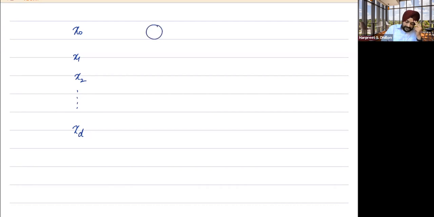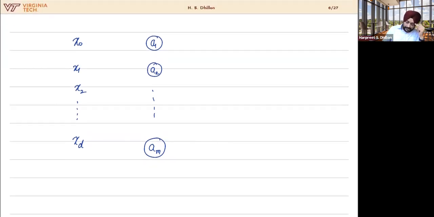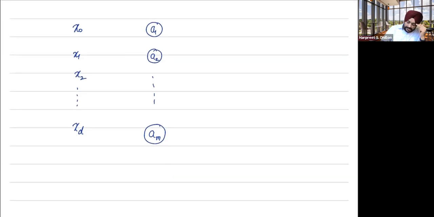So you have these neurons, let's say A1, A2, and so on up to, let's say, AM. The number of neurons you have in the hidden layer or layers doesn't necessarily have to be equal to the number of features that you have. And there will, of course, be again a bias term. Let's say the bias term is just a 1.